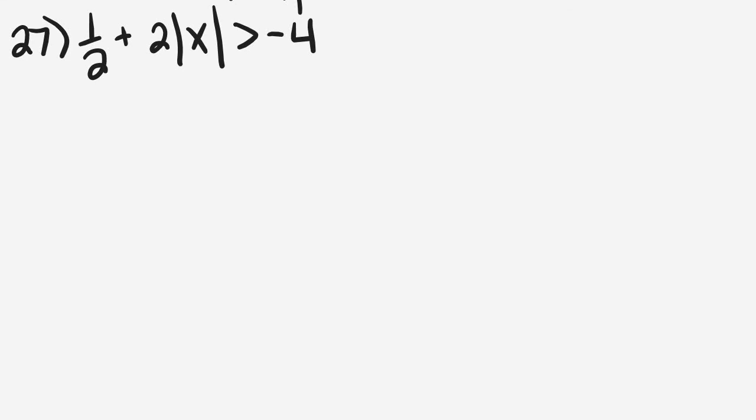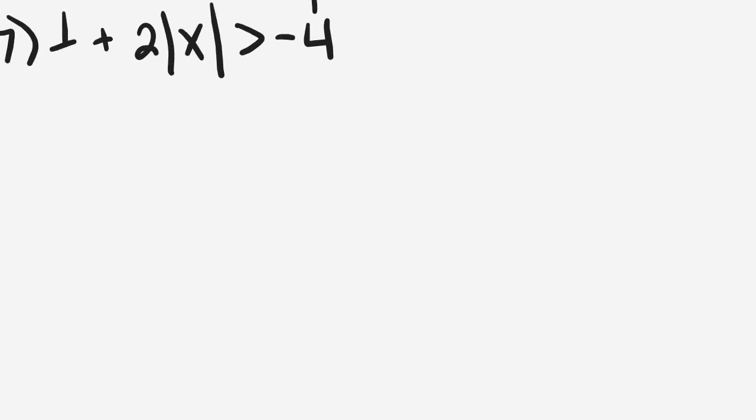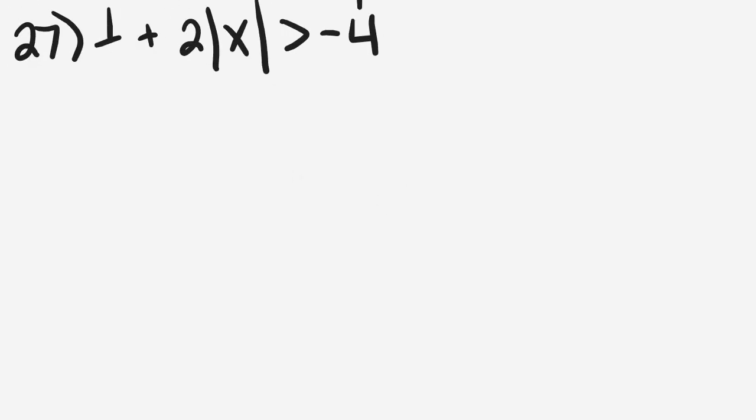All right, 27 says 1/2 plus 2 absolute value of x is greater than negative 14. All right, we want to put that little house by himself, and we're going to do that by moving the easy Lego first. Now, I don't feel like dealing with fractions, so since this is an easy fraction, I'm going to convert this to 0.5.